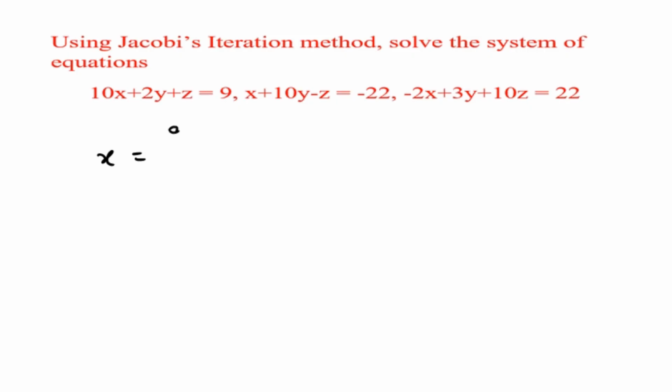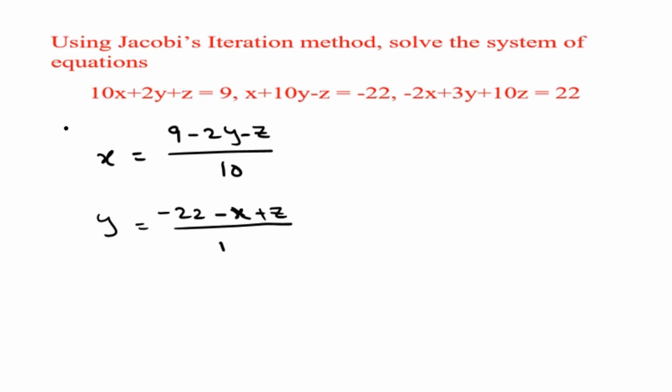Now first of all, by solving the equations you can obtain the value of x is equal to 9 minus 2y minus z by 10, y equals minus 22 minus x plus z by 10, and z is equal to 22 plus 2x minus 3y by 10.